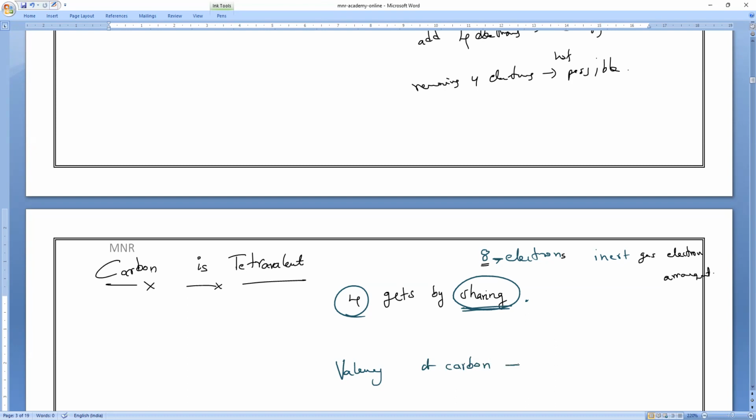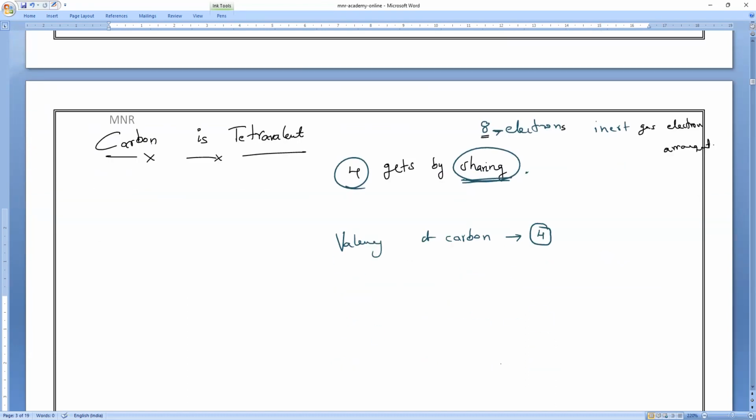So what is the valency of carbon? 4. Carbon is tetravalent. It needs 4 electrons to achieve the 8 electron stable arrangement.